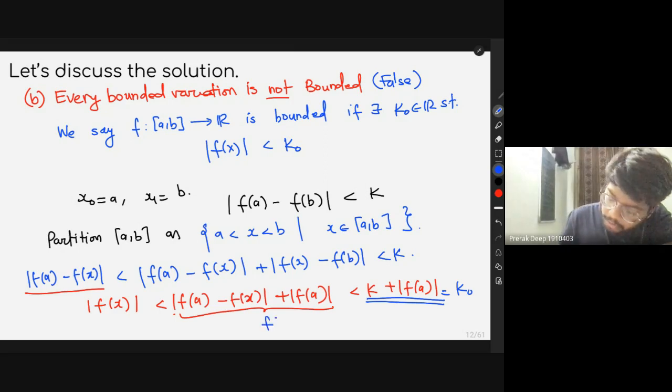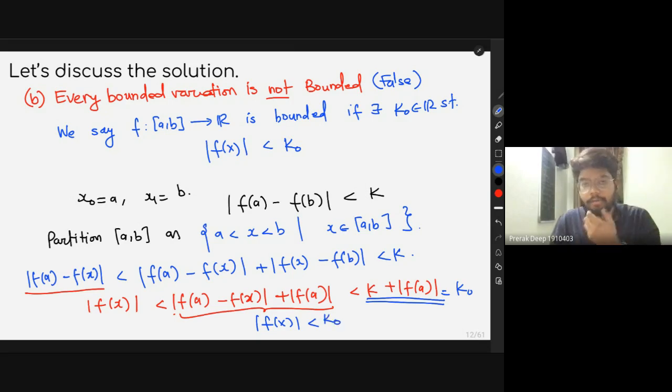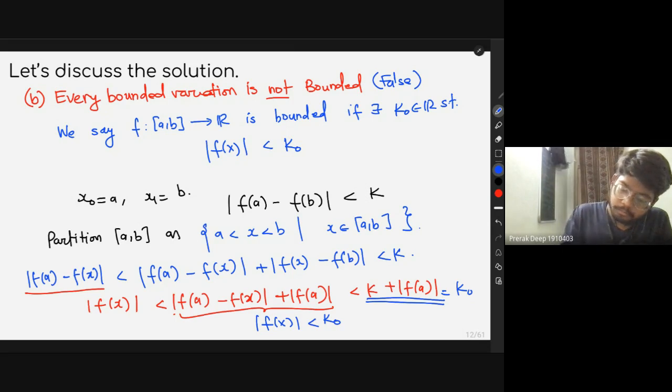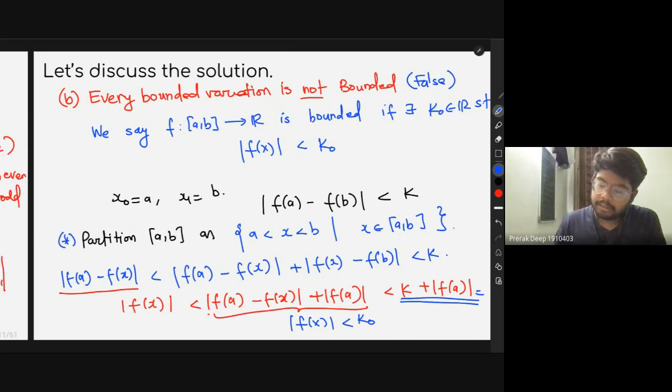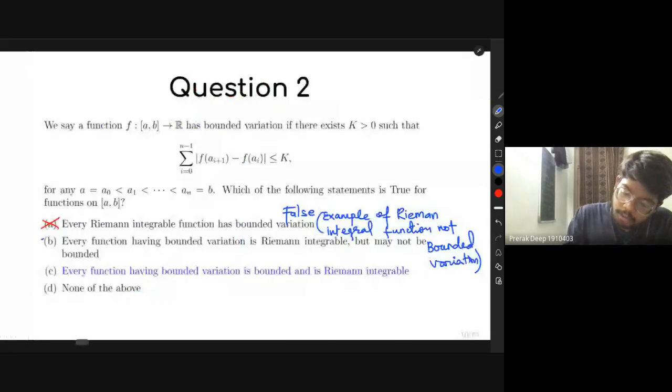So in particular, we have shown that the modulus of f of x is smaller than k naught, and our choice of x was arbitrary. So it shows that the function f is bounded. This completes the proof that b is also a false statement.